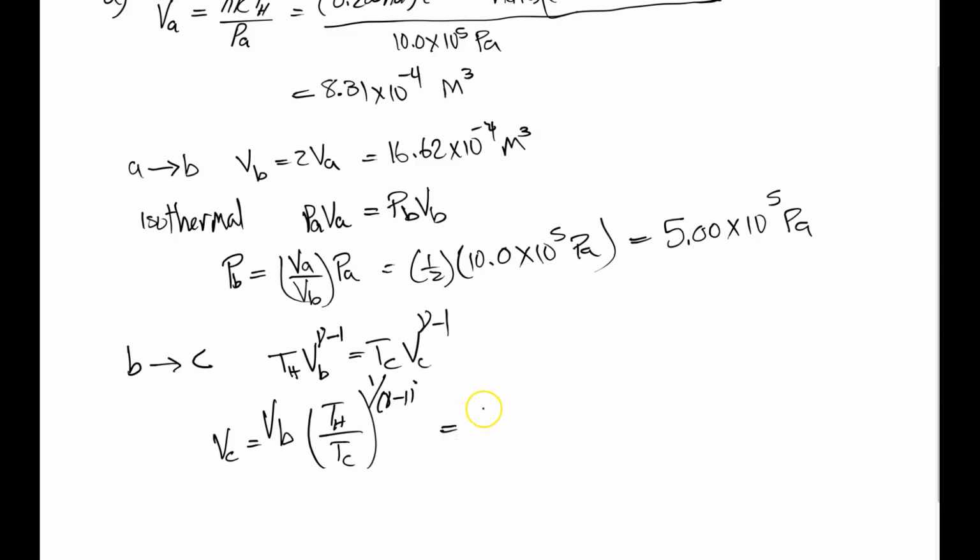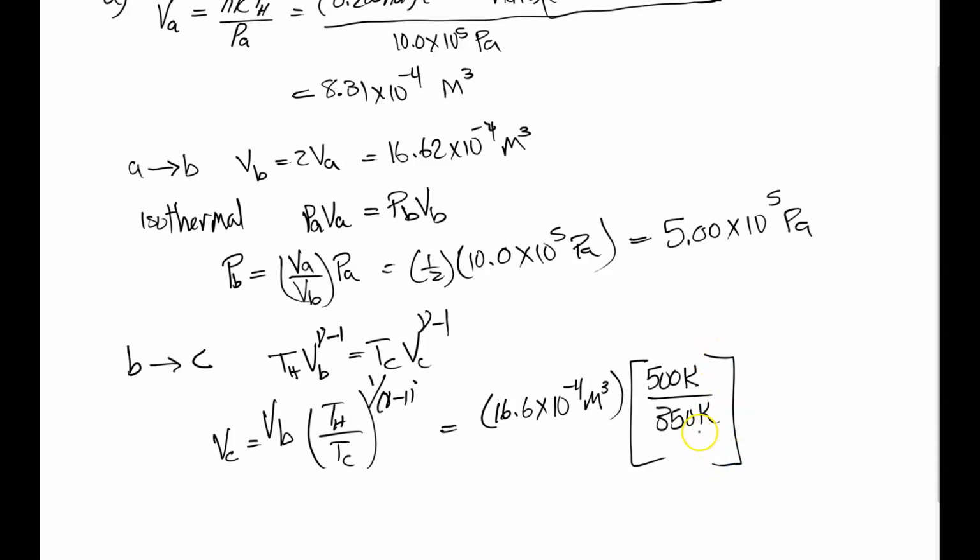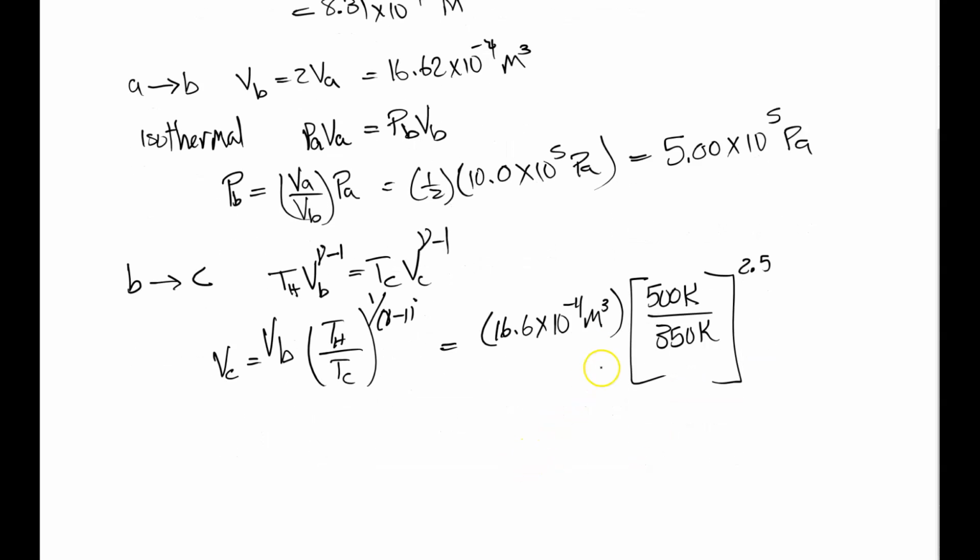So this is going to equal 16.6 times 10 to the minus 4 meters cubed times the quantity 500 K over 350 K, all raised to the 2.5, and that gives us a volume of 59.6 times 10 to the negative 4 meters cubed.